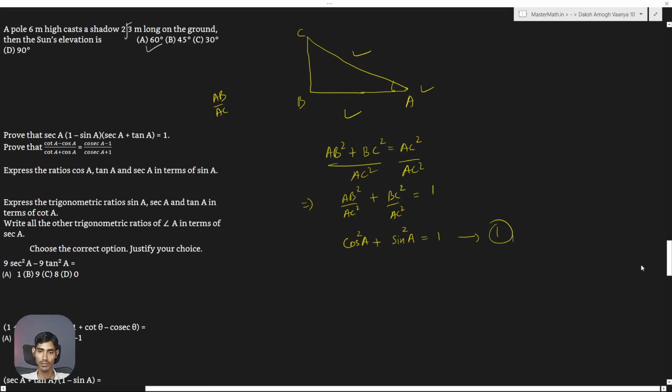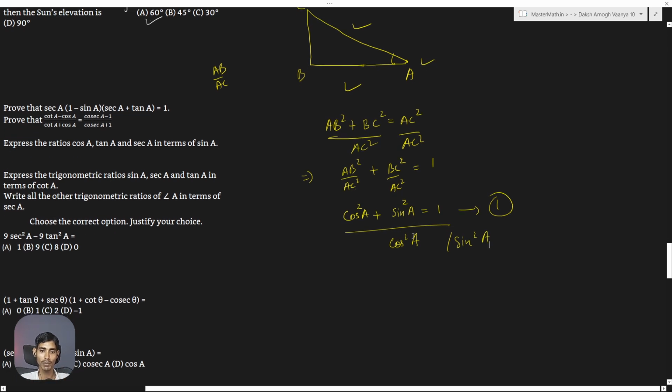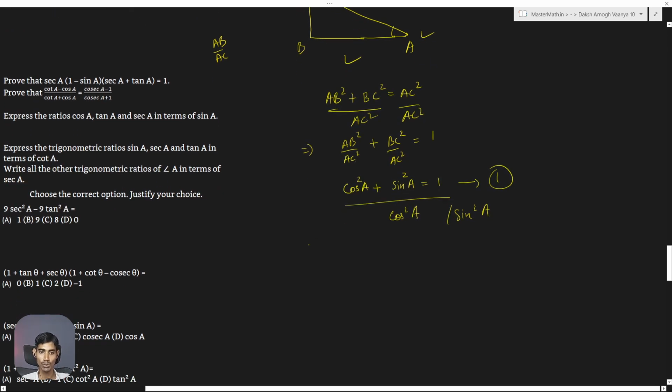Alright. Now, for getting the other two identities, one time I would divide this on both sides by cos square A. Another time I would divide that by sine square A on both sides. So let's divide that by cos square A. What do I get? Cos square A by cos square A is 1.